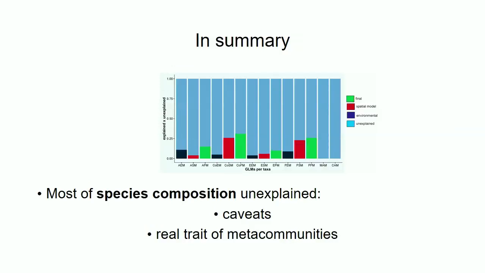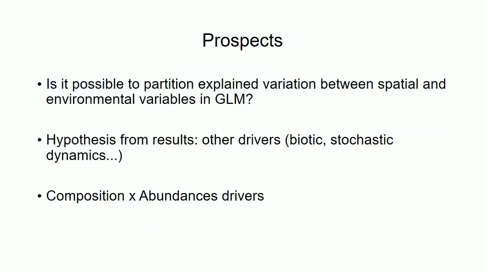But since it is a common trait among other systems in literature that most of variation could not be explained, it could be a real trait of metacommunities, in the sense that composition in a metacommunity might be selected or driven by other processes other than environmental filtering, for example, or spatial organization.